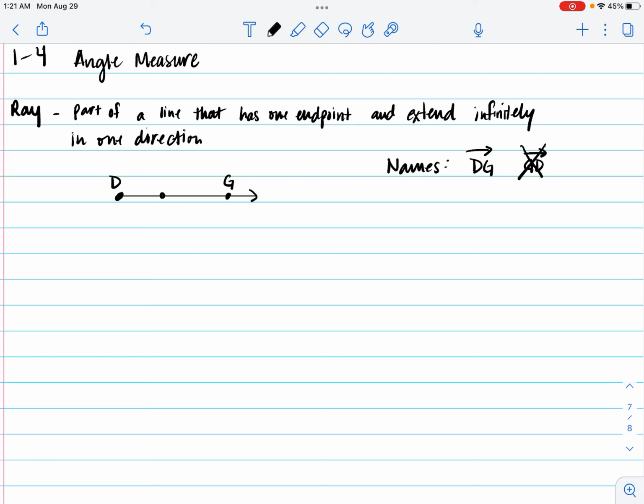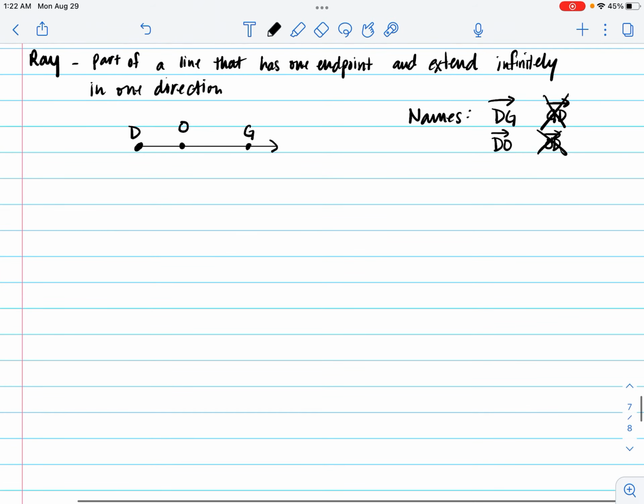And even if I had a third point on here that's collinear, let's say this is O, we could also name this DO, if we so choose, because the arrow is still on that right side, so it still qualifies as going infinitely to the right. DO technically works. OD would not. That is incorrect because D is the endpoint, and it would not have an arrow in that direction.